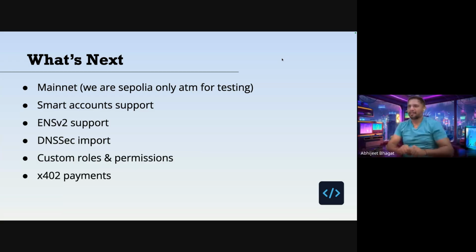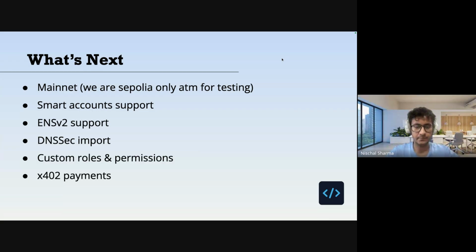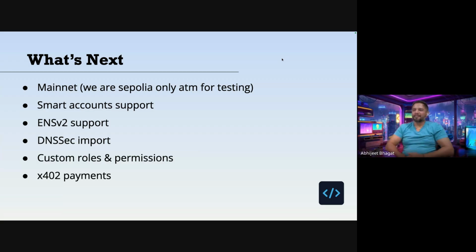So you can just create a smart account, fund it, and give access at a granular level: what a third party app that is signing on your behalf can and cannot do. And yeah, that's the idea behind a smart account. Correct me if I'm wrong, Nischal. No, exactly.